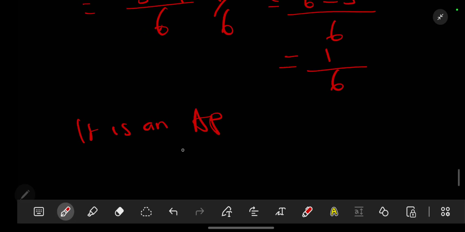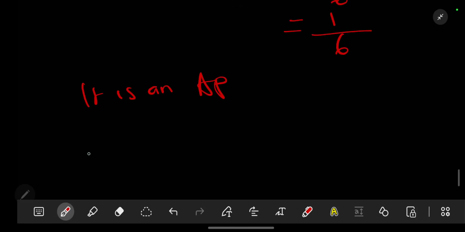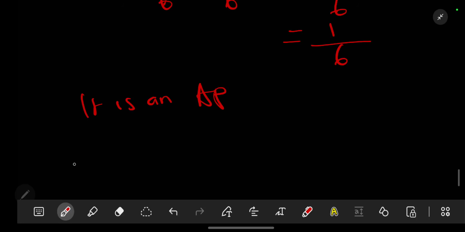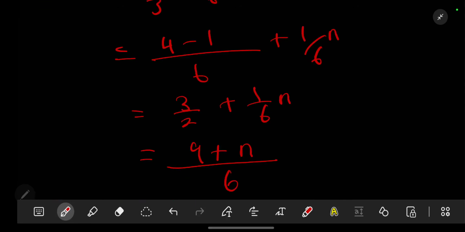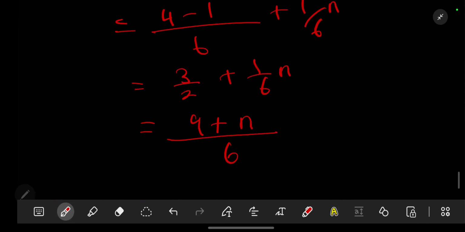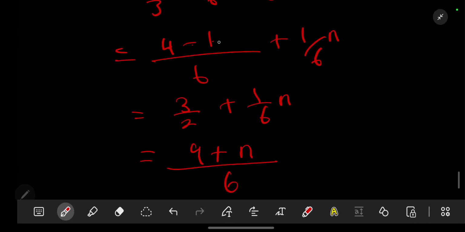Therefore, use the nth term. We are going to say your nth term should be equal to A plus n minus 1 times the D. So the difference is 1/6. So you have 4 minus 1, that is 3 over 6, like that.